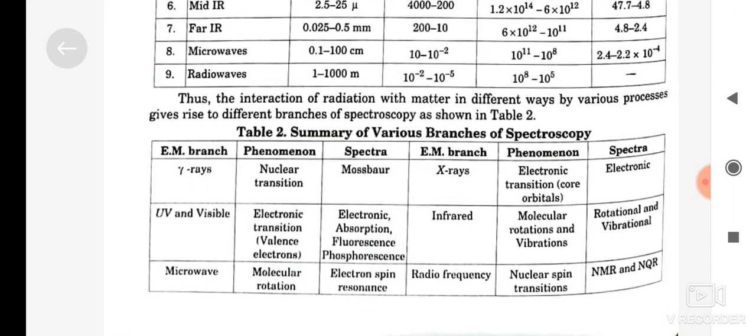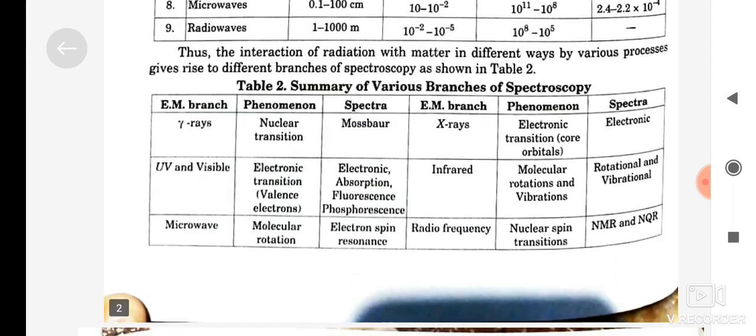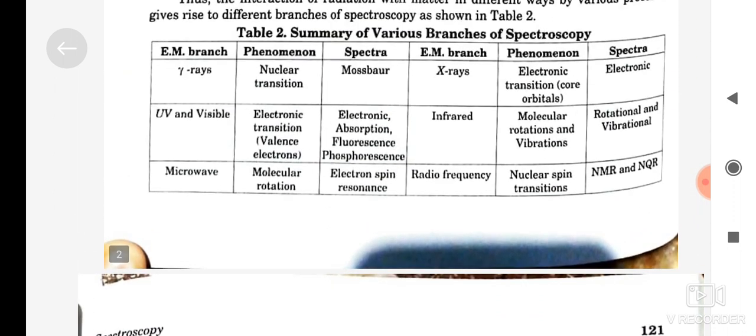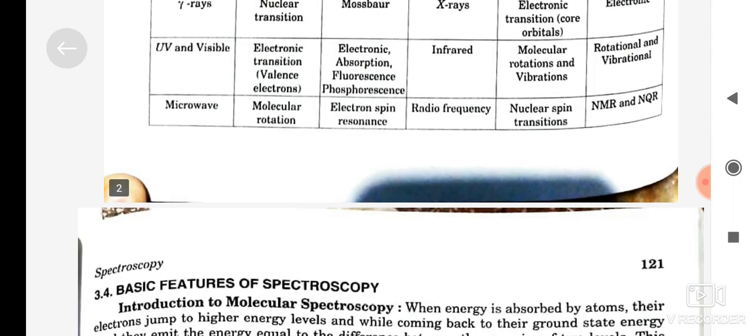Thus, the interaction of radiation with matter in different ways by various processes gives rise to different branches of spectroscopy, as shown in table 2. Gamma rays show the electronic spectra, UV and visible show the rotational and vibrational spectra, microwave show NMR and NQR.